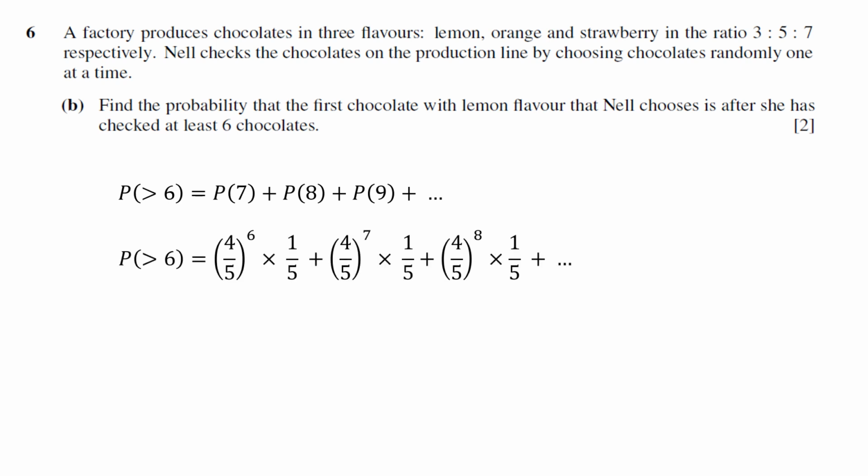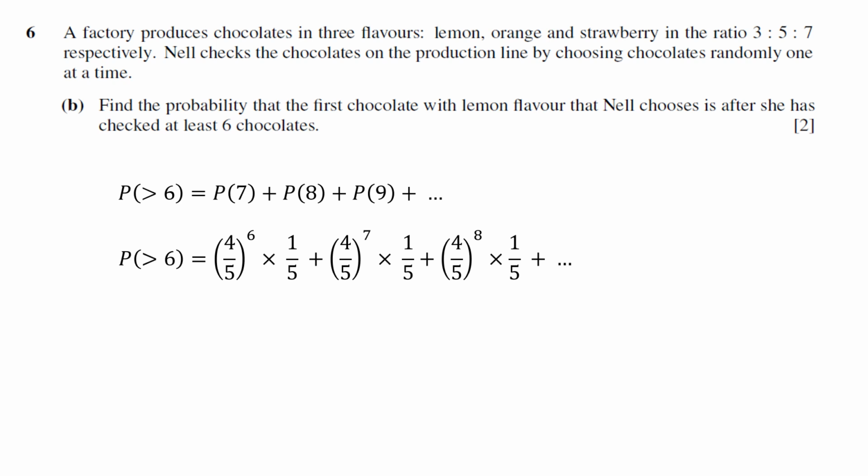So that will be equal to 4 over 5 to the power of 6, because this means she did 6 attempts without getting the lemon flavor, multiplied by 1 over 5, which is the probability that she got the lemon flavor, plus 4 over 5 to the power 7, which means she did 7 attempts without getting the lemon flavor, multiplied by 1 over 5, plus 4 over 5 to the power of 8, which means she did 8 attempts without getting the lemon flavor, multiplied by 1 over 5.